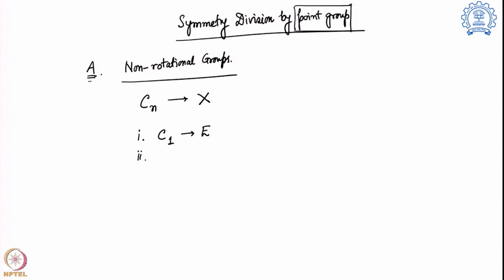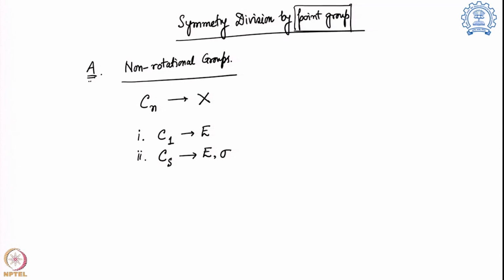Next comes the Cs point group, which actually says you have an operator E, because that will be present in any molecule, and along with that you have an operation sigma, a reflection plane, present in the molecule. Now, the question is why I am not writing sigma h, sigma v or sigma d.